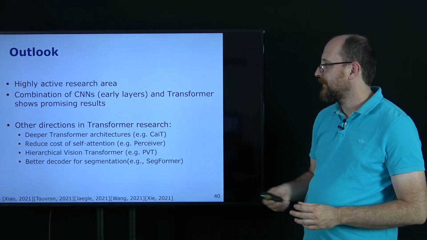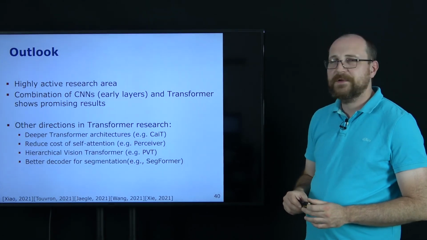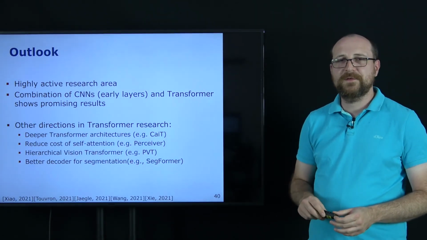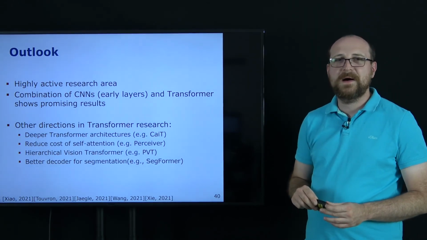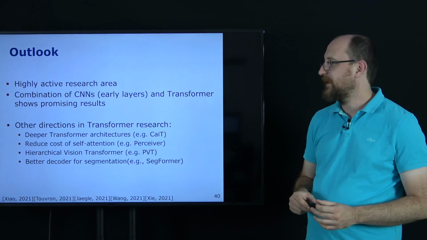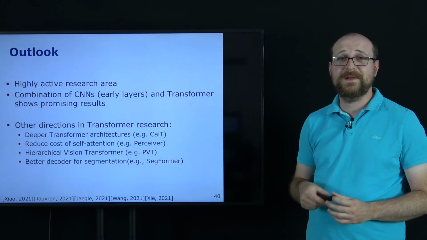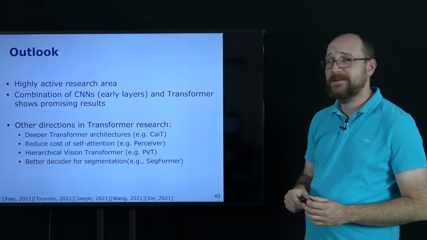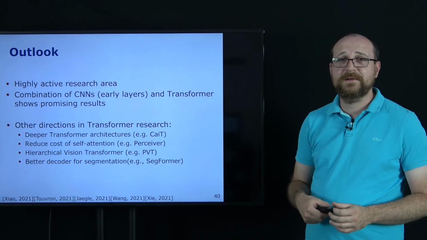This is investigated, but also reducing the cost of the self-attention. There are certain ideas coming up on how to get rid of this n-by-n dimensional part, maybe even just replacing this with MLPs in the end, but also using some hierarchical structures.